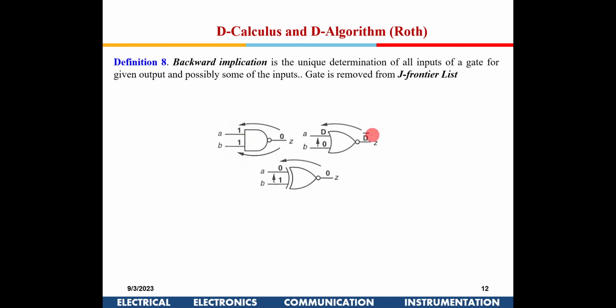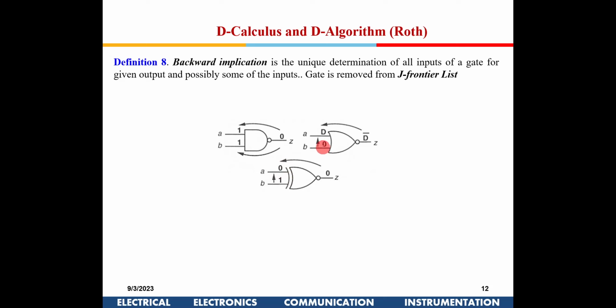Similarly for a NOR gate, if D bar is required at the output, then we will require a D here and a 0 here. Now similarly, if a 0 is required here, then you could either have a 0 and 1 here, or 1 and 0 here. There are two possible combinations.